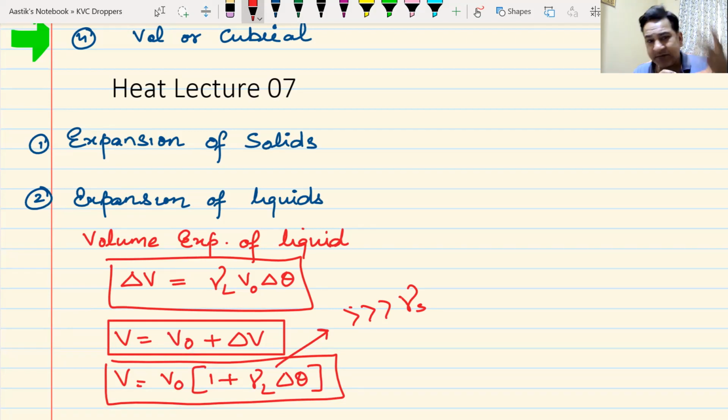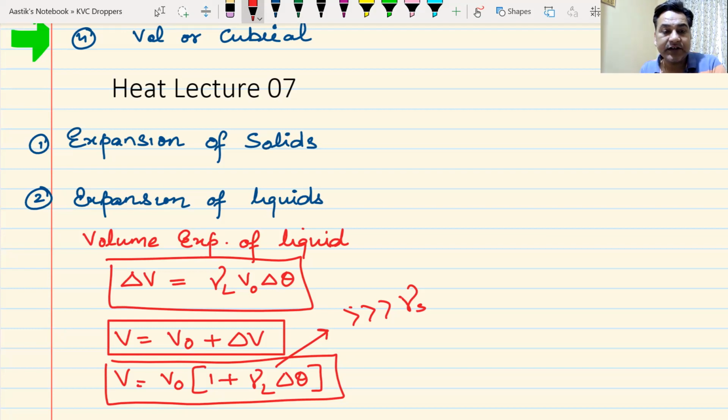When volume increases, something else decreases. What is that something that decreases? We have already seen that effect. When volume changes, what happens to the other quantity? What is the other quantity that we are discussing now?